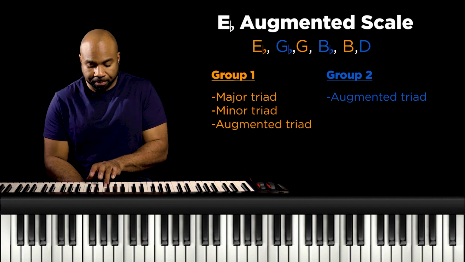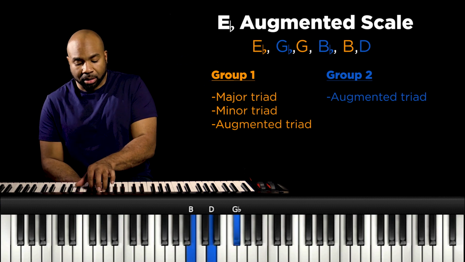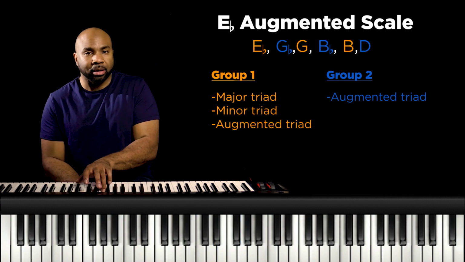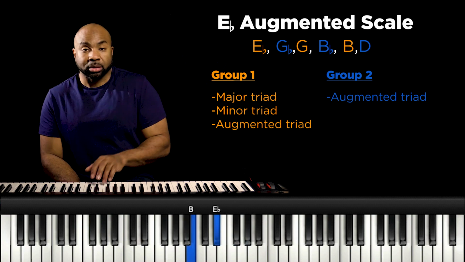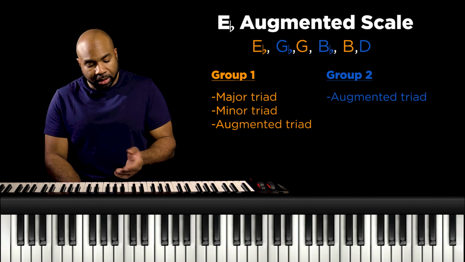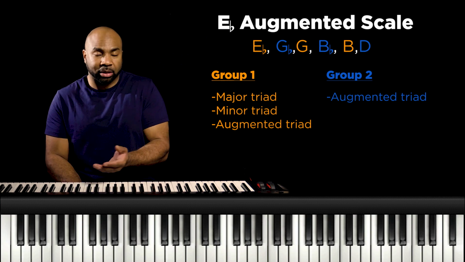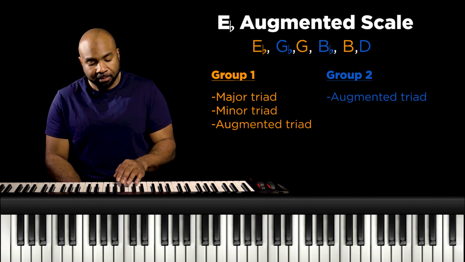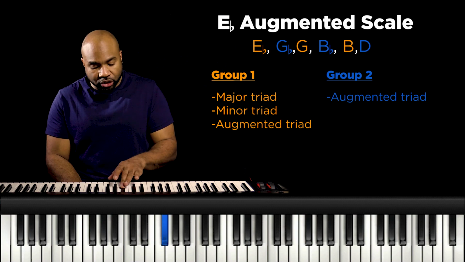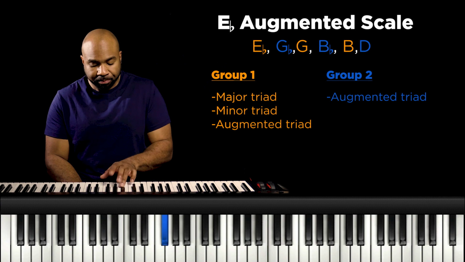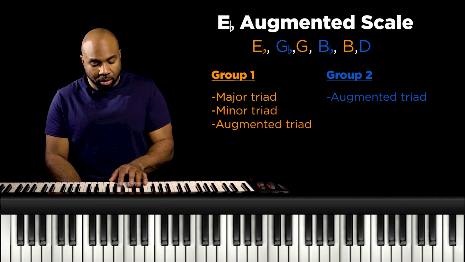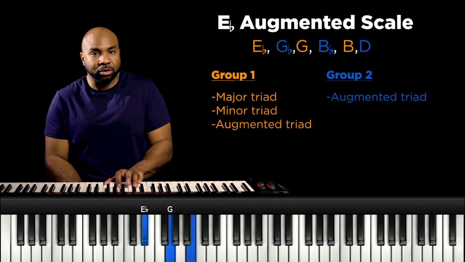And finally B is going to be minor, and then major and augmented. That's our first group. The second group is going to be what's left of the last 6, or the last 3 notes, giving us a total of 6. So we have our G flat. It's going to be augmented. So it's going to be actually G flat, B flat, and D. So all of these are major, minor, augmented.